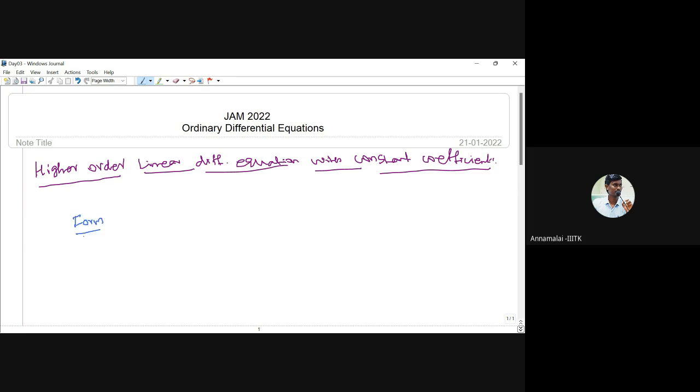The general second order linear differential equation, simply we can say, is a times y double dash plus b y dash plus c times y equal to some function of x, maybe we can call it r of x.